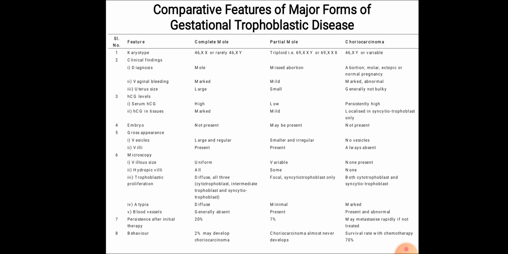And behavior: 2% of complete moles may develop choriocarcinoma, and choriocarcinoma never develops in partial mole. And survival with chemotherapy is 70% in choriocarcinomas. So this summarizes our gestational trophoblastic diseases.